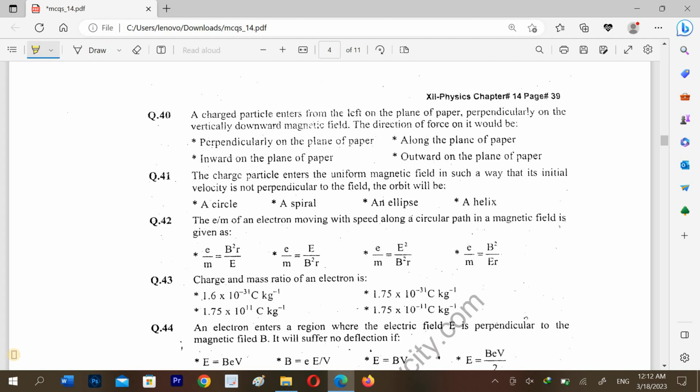A charged particle enters from the left on the plane of paper perpendicularly on the vertically downward magnetic field. The direction of force on it would be perpendicular to the plane of paper.